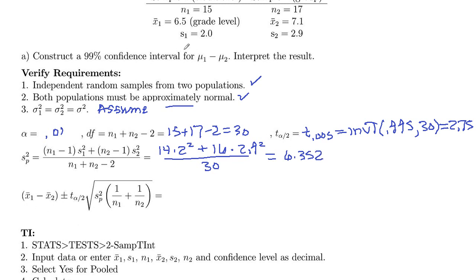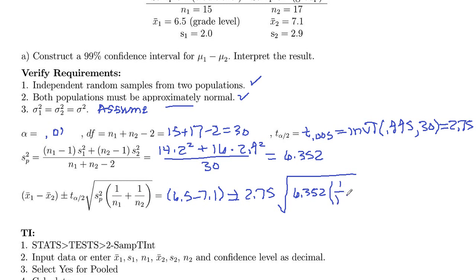So the difference of the 2 means, 6.5 and 7.1. So 6.5 minus 7.1 plus or minus our t value of 2.75, and then times our standard deviation, which is going to be the square root of SP squared, 6.352, and then the sum of the reciprocals of sample sizes.